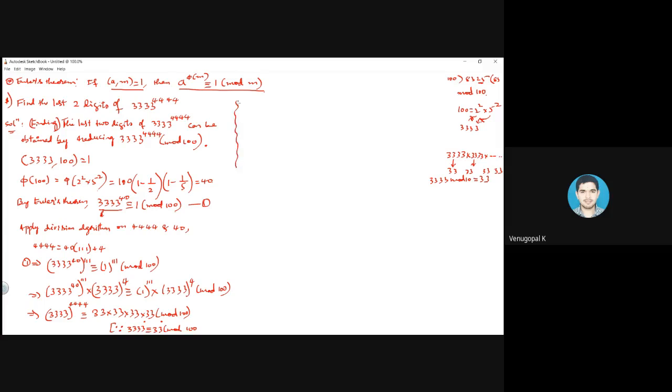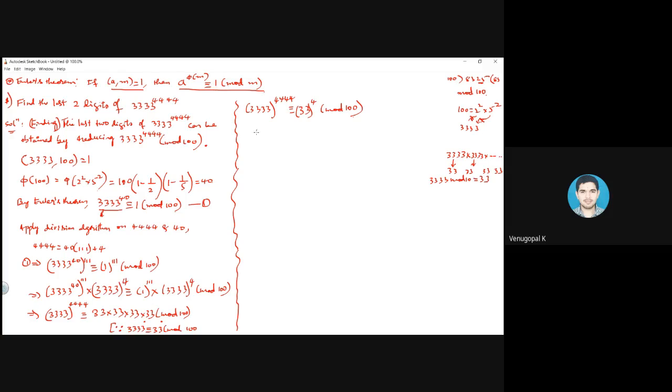So we have 3333 power this number is congruent to 33 power 4 mod 100. Observe where is this huge number and where is such a small number, compared to this. That is the power of Euler's theorem.